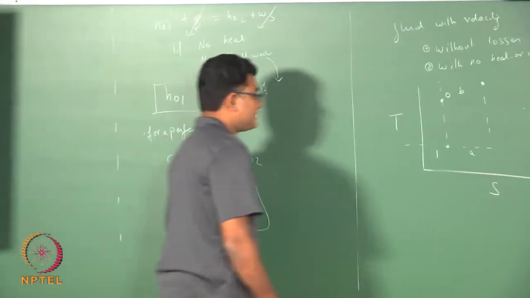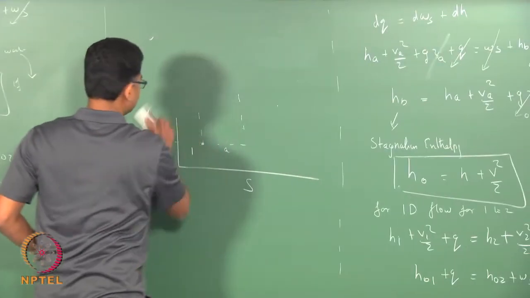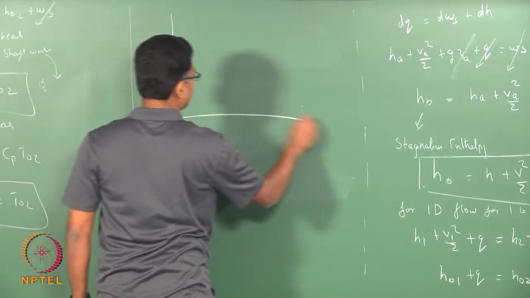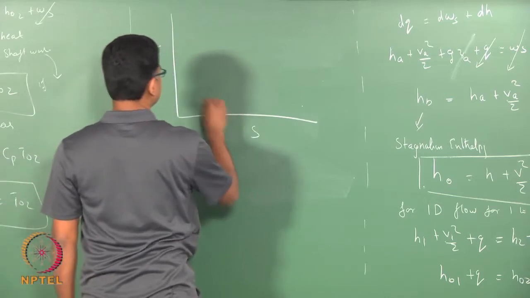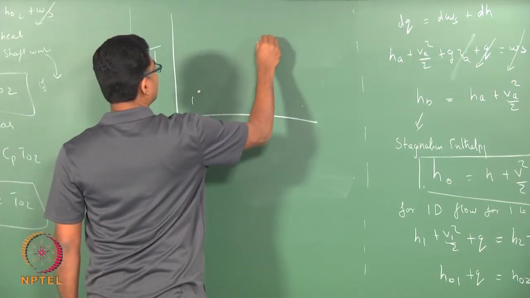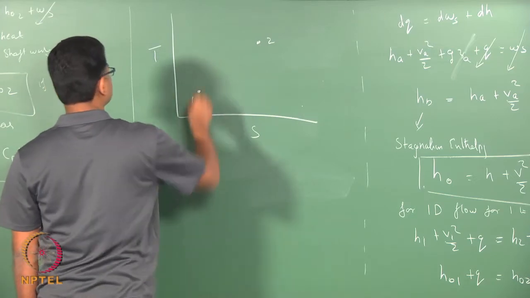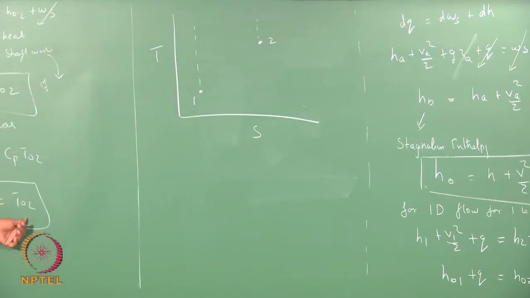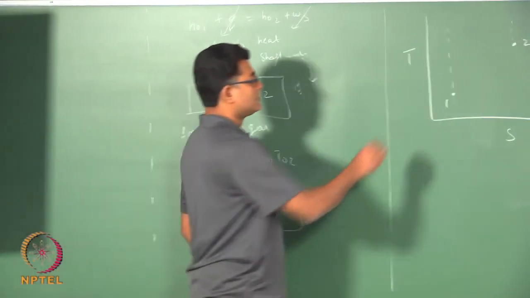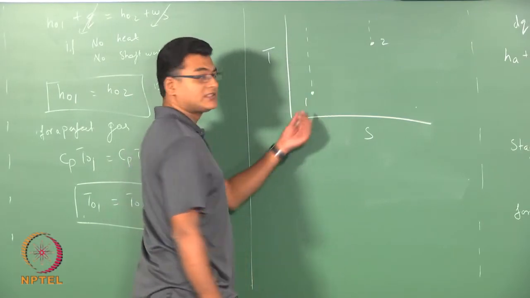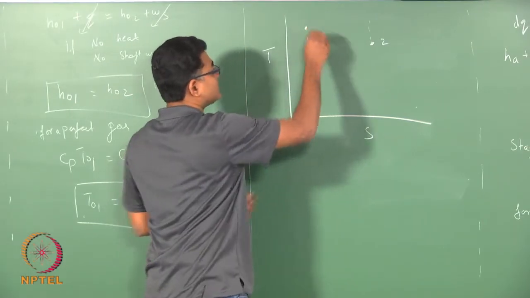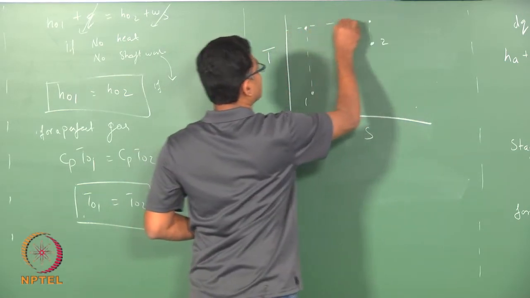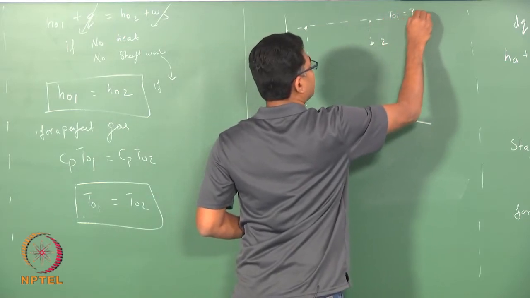Which means in the diagram, T-s, point 1, point 2, my stagnation temperatures are same. So, the stagnation temperature associated with state 1 is same as the stagnation temperature associated with state 2. So, these are same.